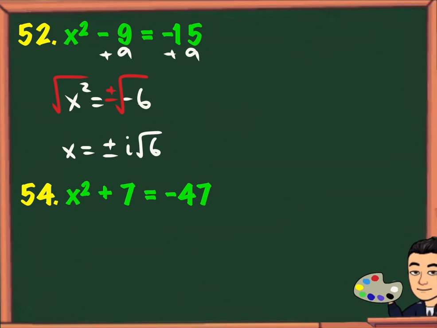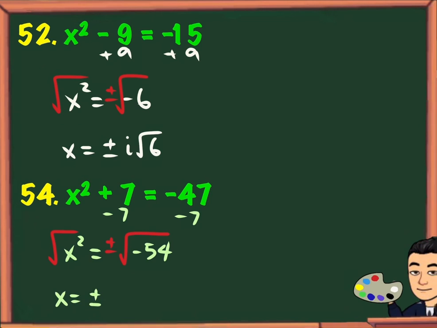So for number 54, if you subtract 7 on both sides, you're going to get x squared equals -54. Now I'm going to take the square root on both sides. This turns into positive negative. So x is going to equal positive negative i. Now let's do the prime factorization of the 54.